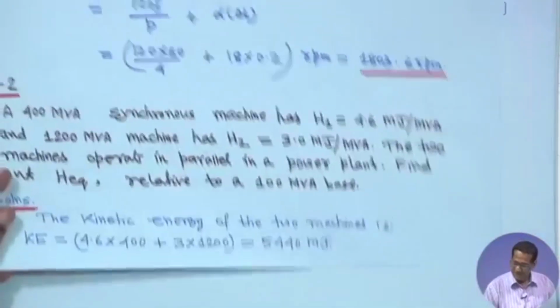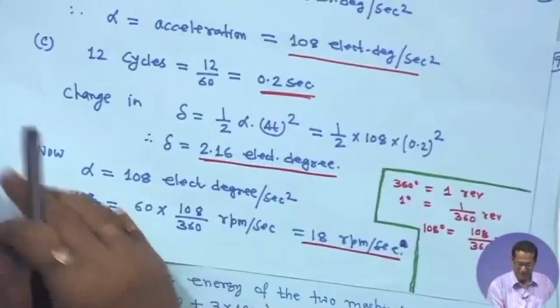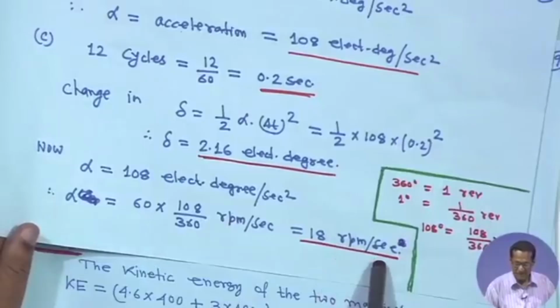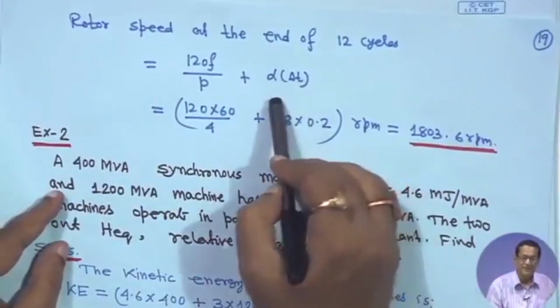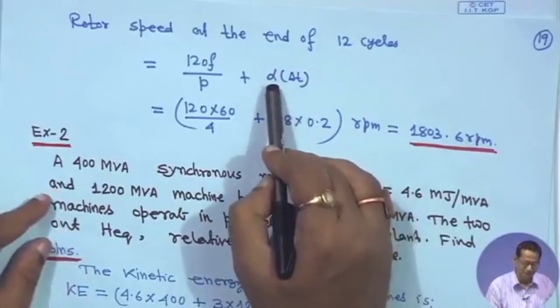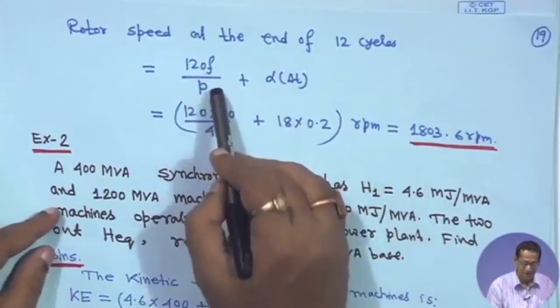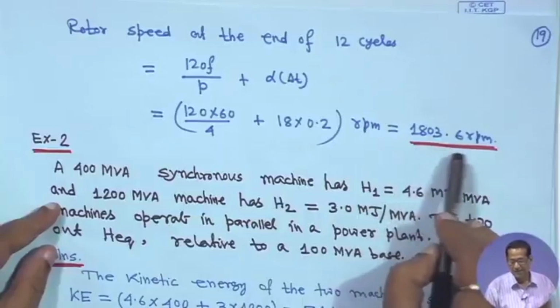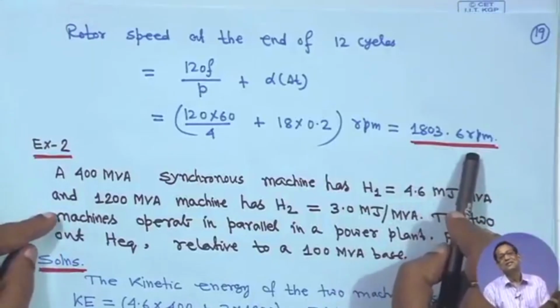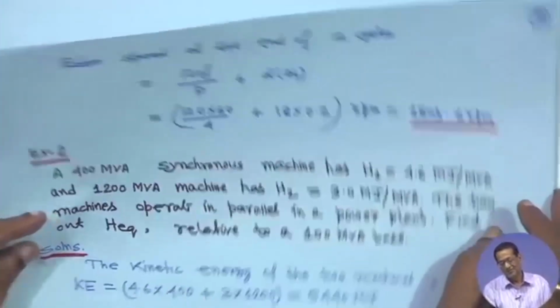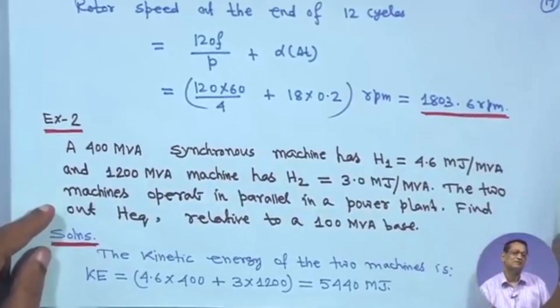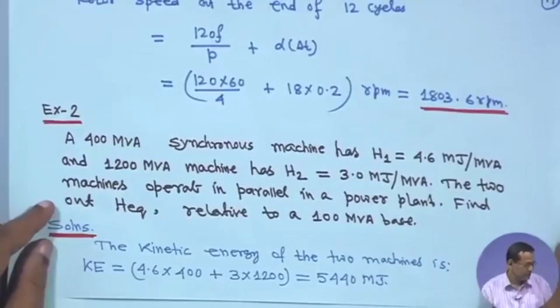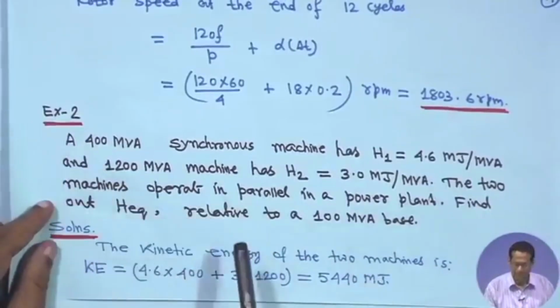That is why we make this unit, because it is alpha delta t, so 18 RPM per second, and the second will cancel. So, the unit will be RPM, and this is 120 f by P RPM, and this is 1803.6 RPM. This is the answer. So, be a little careful when transforming the unit, so that things will be all right. Next is example 2.